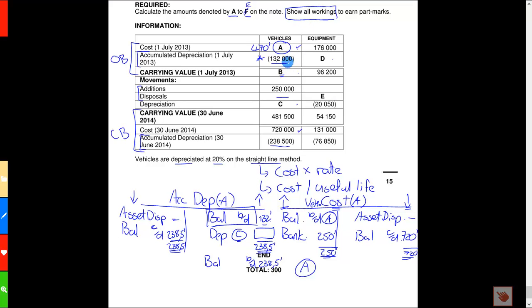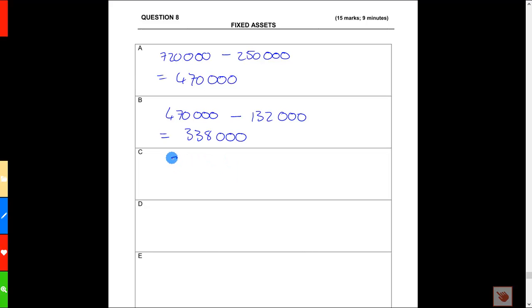The only difference between opening accumulated depreciation and closing accumulated depreciation is the depreciation during the year because there was no asset disposal. So that is 238,500 minus 132,000, and that gives me an amount of 106,500. So this was also money for jam.